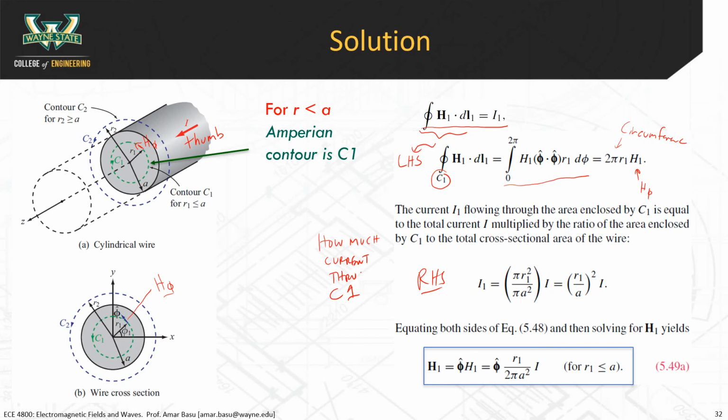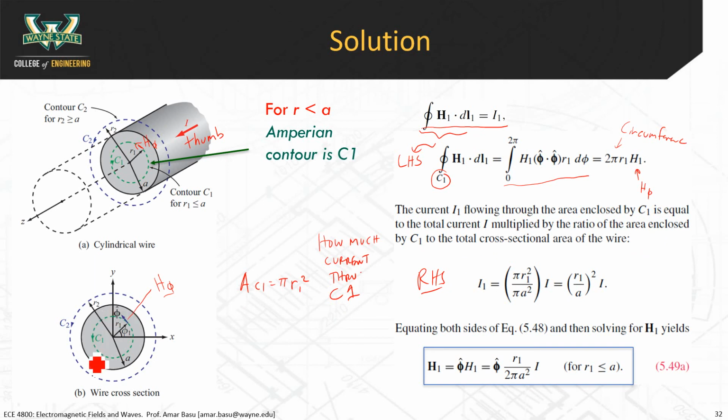To find this out, we have to assume that the current flowing through the area enclosed by C1 is equal to the total current I multiplied by the ratio of the area enclosed by C1 to the total cross-sectional area of the wire. This circle, C1, has an area pi r1 squared. That's the cross-sectional area there.